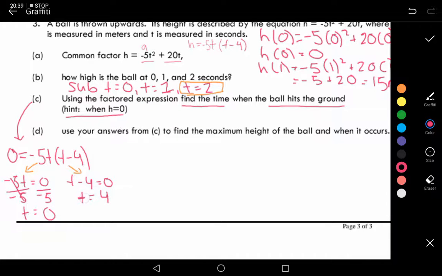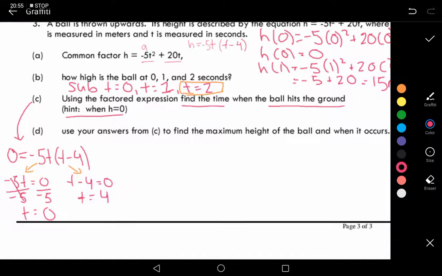So I get that the ball is going to be on the ground at 0 seconds and 4 seconds. Okay, so assuming they mean after I've thrown it, I could say that that's going to be at 4 seconds.